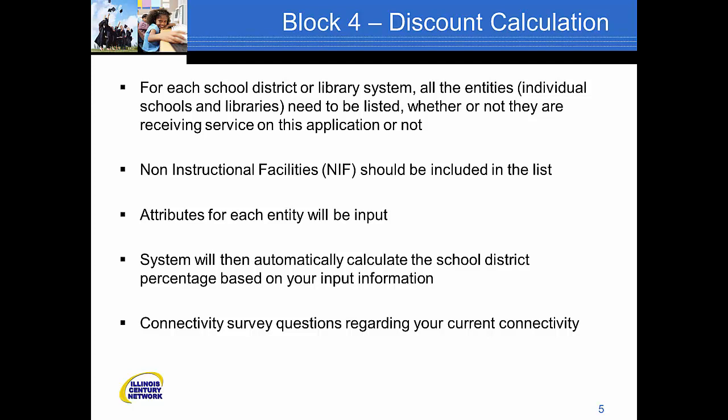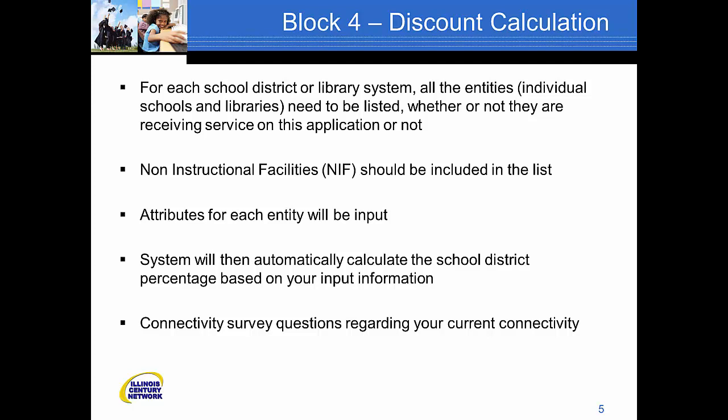As you're listing out each school or library, the attributes for each entity will also be input. For example, for a school, it's the number of full-time or part-time students at the school. For a library, it's the square footage inside the four walls of the library, as well as other relevant information for the school or library.